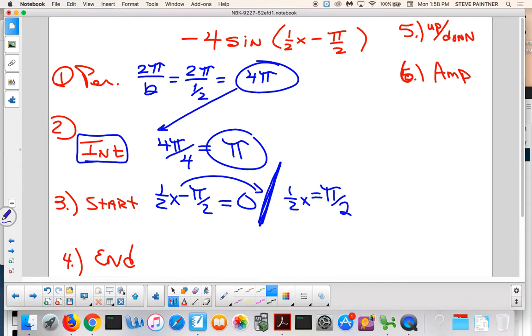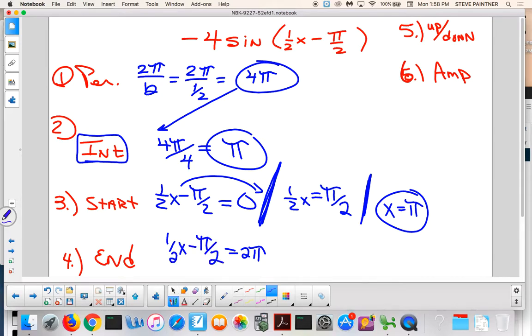Multiply by 2 and get pi. So I start at pi. Where do I end? You end at 2 pi, so set it equal to 2 pi, because sine has a period of 2 pi. That's the end of it.